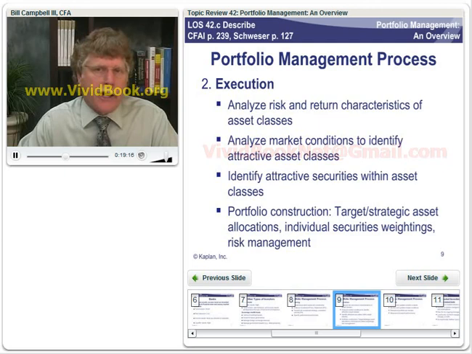We're looking at asset classes broadly, we're looking at the economy broadly. Then we come down to picking the particular securities that we're going to put into our portfolio. So we've determined which asset classes we like. Within those asset classes, we're going to buy specific securities to put into our portfolio.